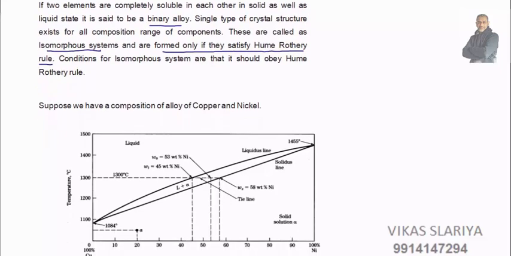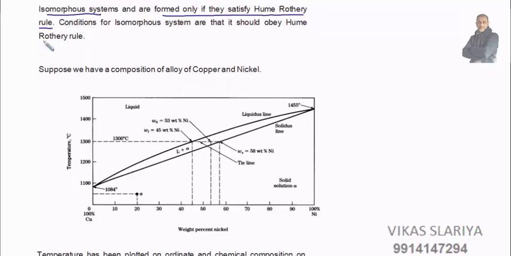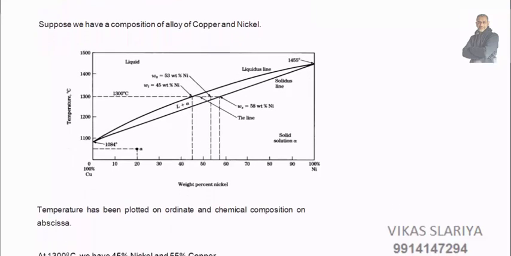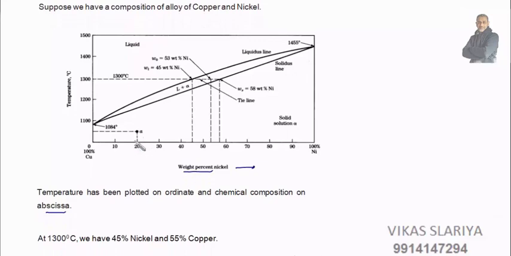Conditions for an isomorphous system are that they should obey the Hume-Rothery rules, and we have an example over here, which is an alloy of copper and nickel. We have weight percentage on the abscissa and temperature on the ordinate.